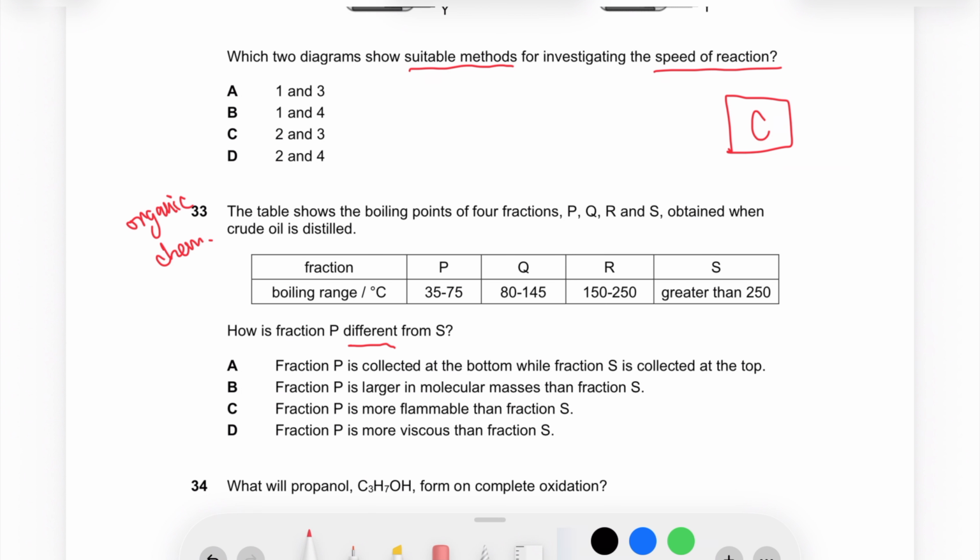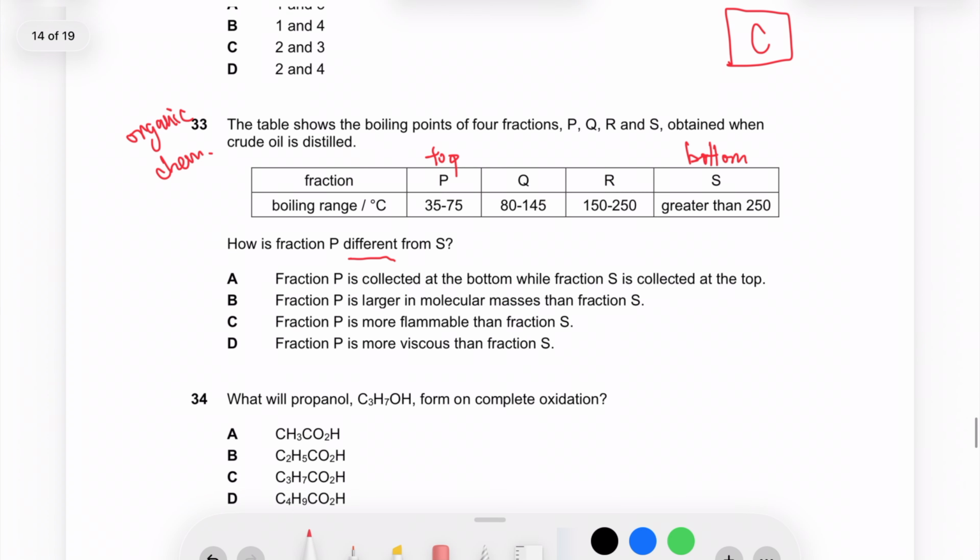P and S. This one will be somewhere at the bottom of the fractionating column, and this one somewhere at the top. P is collected at the bottom, definitely wrong. P has larger Mr, wrong. P is more flammable, yes, because it has a lower boiling point, so it's true. It's more viscous, no, it's less viscous, so the answer will be C for sure.